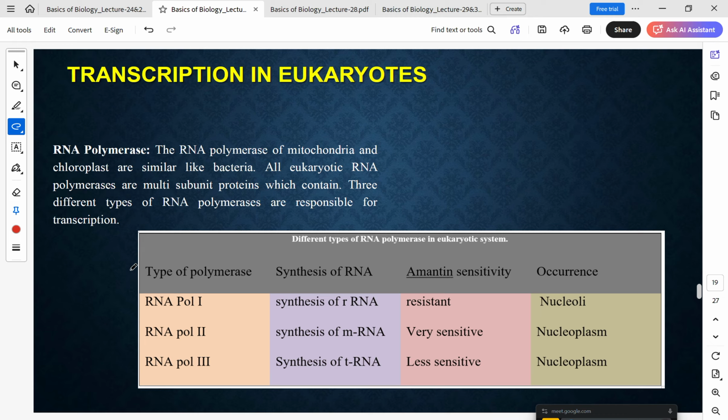However, in case of other eukaryotic transcription, there are three polymerases involved. Pol1 is responsible for synthesis of ribosomal RNA. Polymerase 2 is responsible for messenger RNA synthesis, and polymerase 3 is responsible for tRNA synthesis.